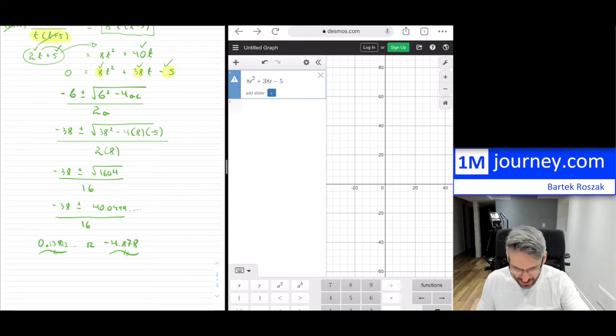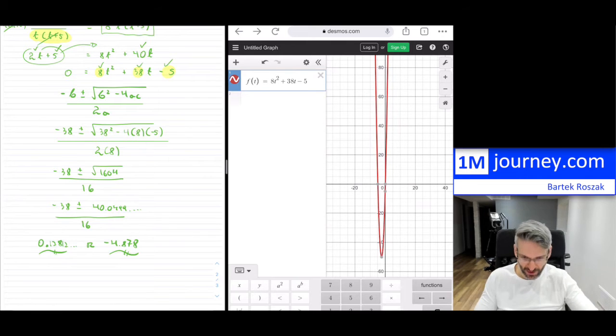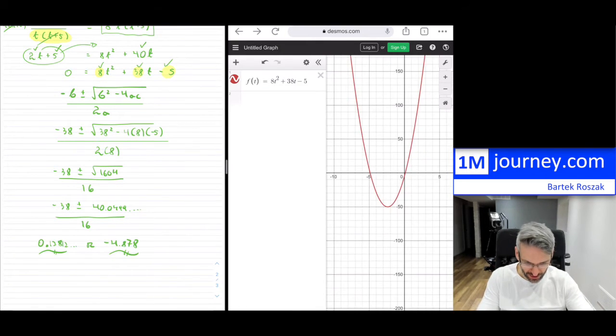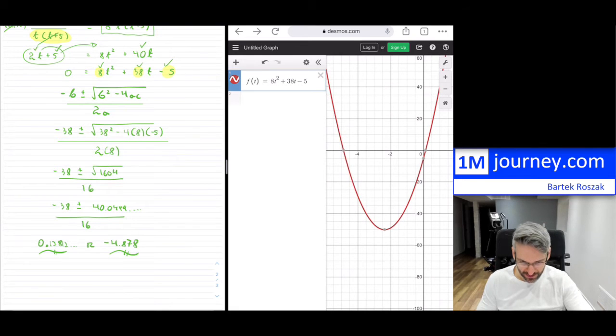And sorry, I used t, so let's put f of t equals, all right, so notice that here's our parabola, so here is the answer of negative 4.878, so that's what we got, and then the other one, which is 0.128 approximately, so those are just my zeros.